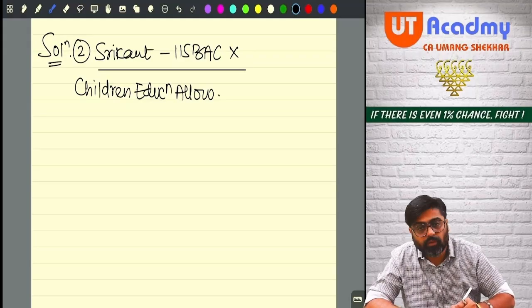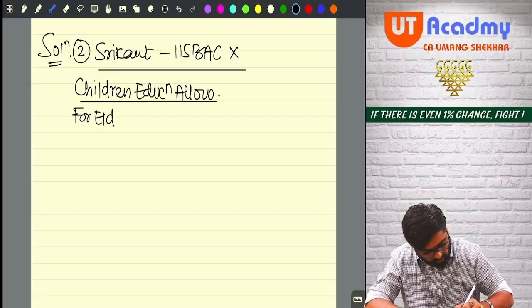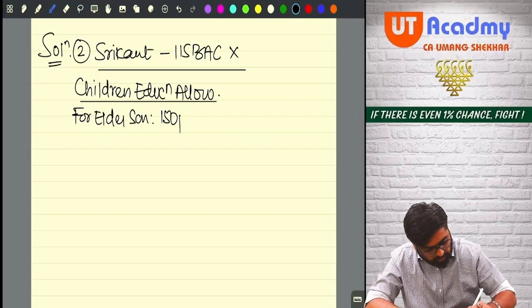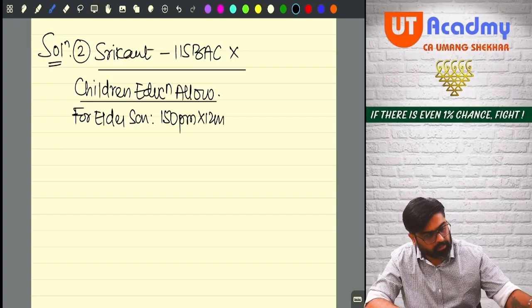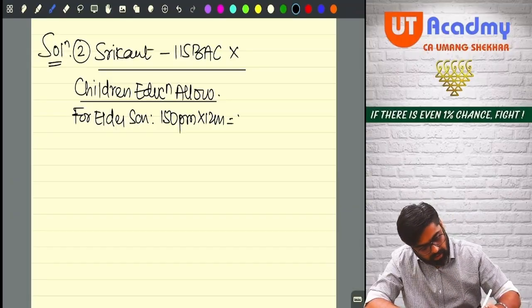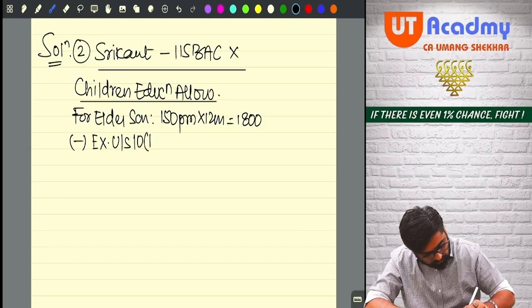Okay. So children education allowance, how much is he getting? For the first child, the elder son, he is receiving 150 per month for 12 months. So 150 into 12 will be 1800. Out of that, exemption will be available under section 10(14).